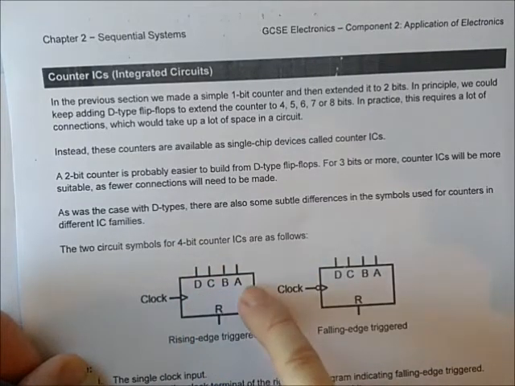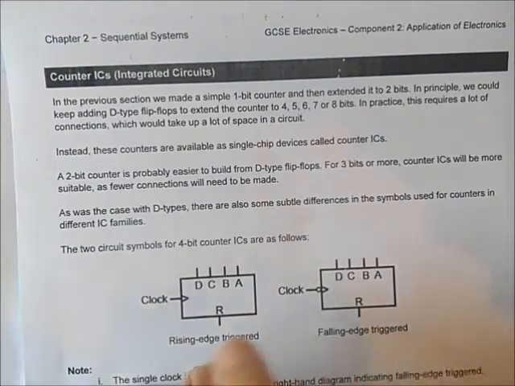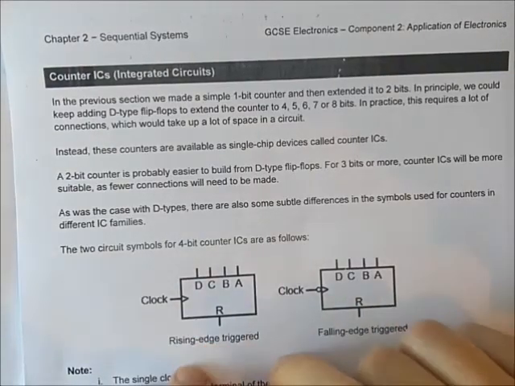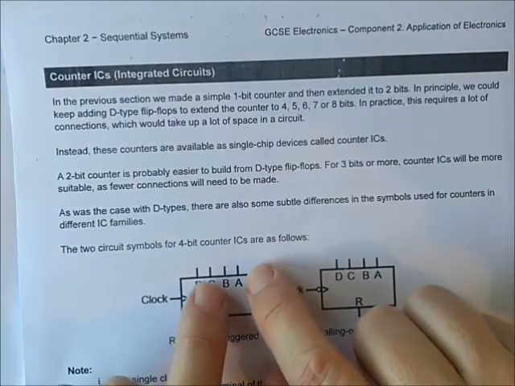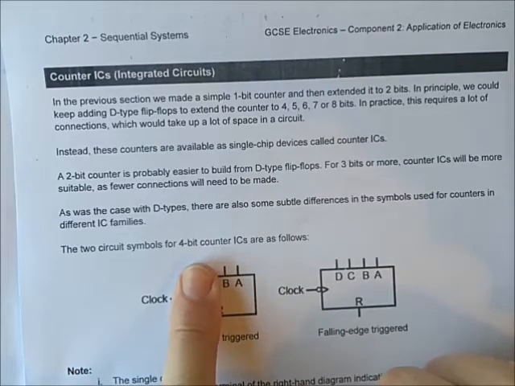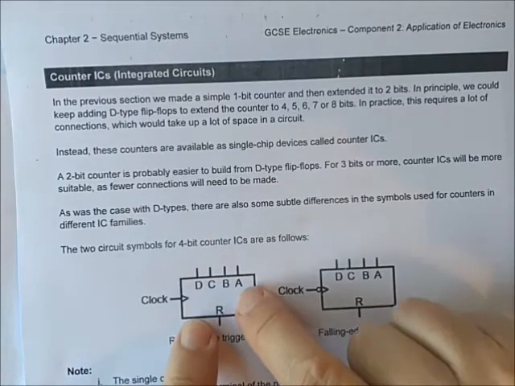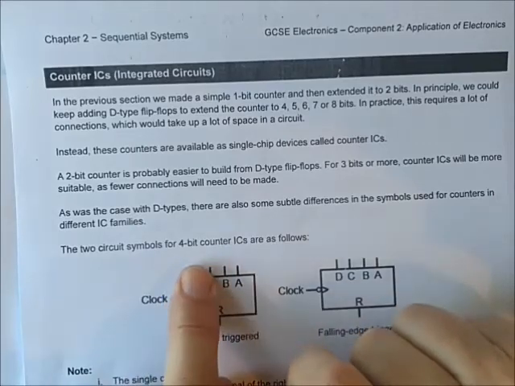It's got 4 outputs, a clock input, and a reset button. Now we know that we only need 2 inputs, so from our circuit we're only going to need to use the first 2 outputs here from our counter integrated circuit. So we're only going to use A and B. C and D at the moment aren't needed.